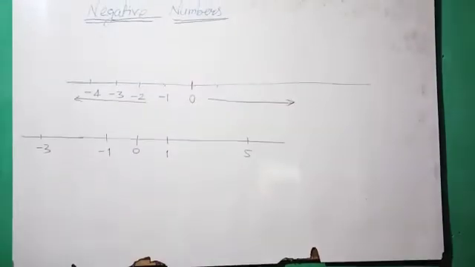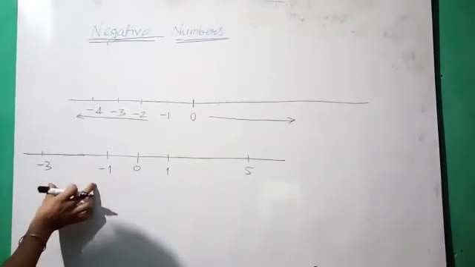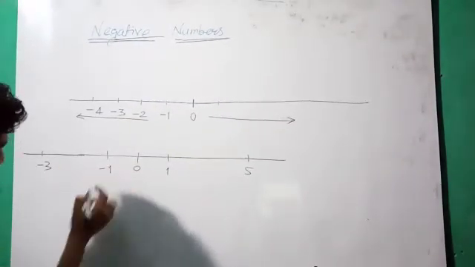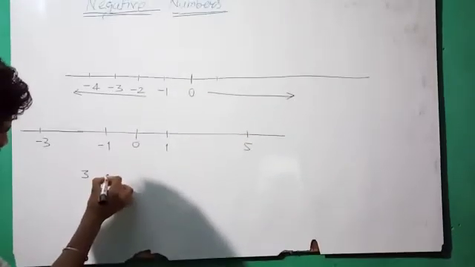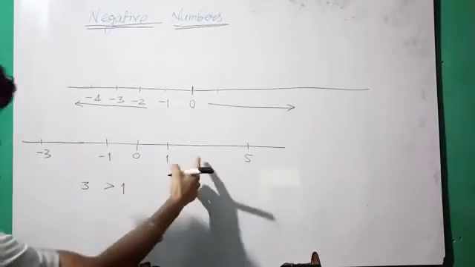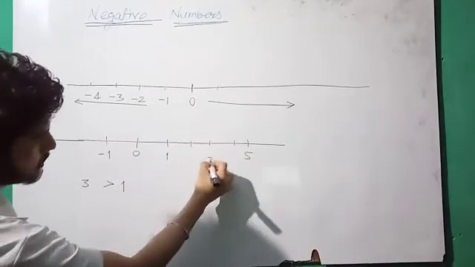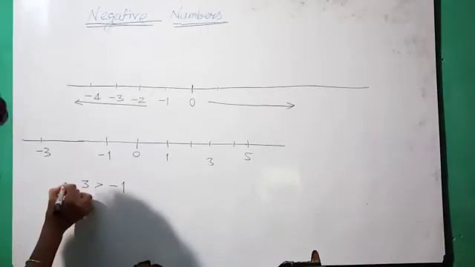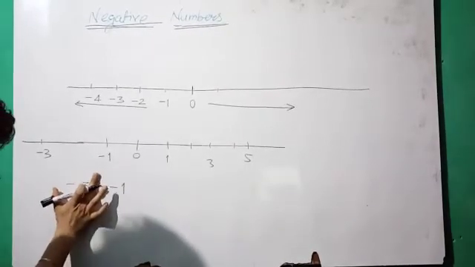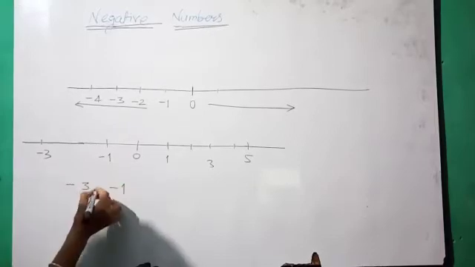If you want to compare -3 and -1, you have to remember that for negative of a number, like if you have 3 greater than 1, here 3 is greater than 1. If you put a negative sign on the numbers, then we have to change the sign of greater or less than.